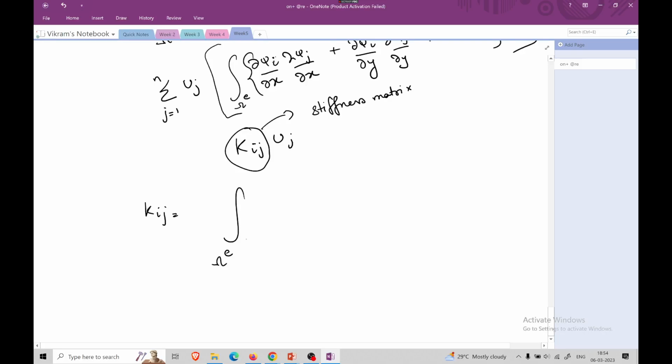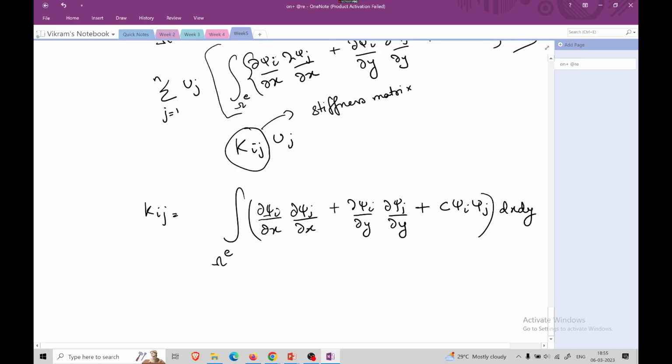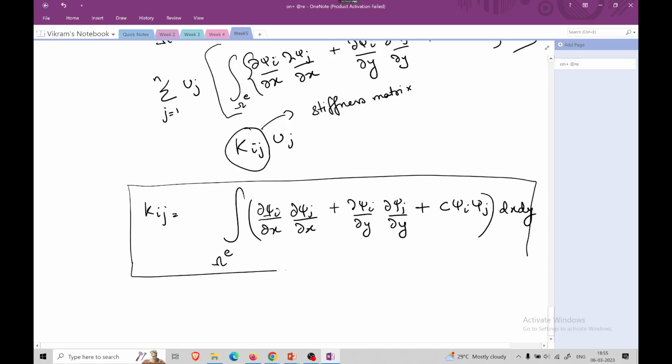The integral over the element of dou psi i by dou x into dou psi j by dou x plus dou psi i by dou y into dou psi j by dou y plus c psi i psi j, dx dy. So this is the stiffness matrix.